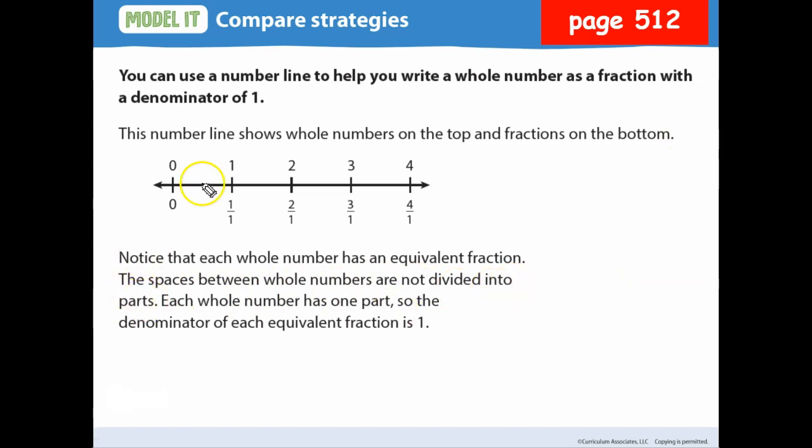Do I have this? No, I don't. 1 is equivalent to 1 over 1. 2 is equivalent to 2 over 1. 3 is equivalent to 3 over 1. 4 is equivalent to 4 over 1. Awesome.